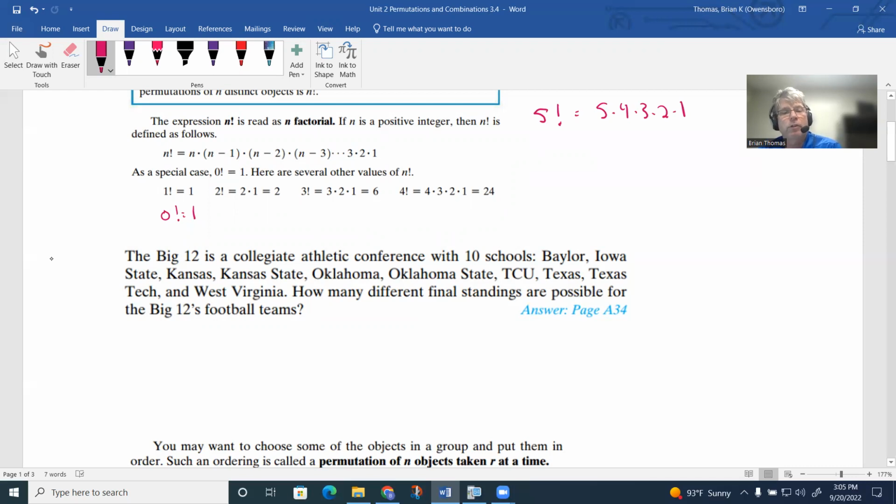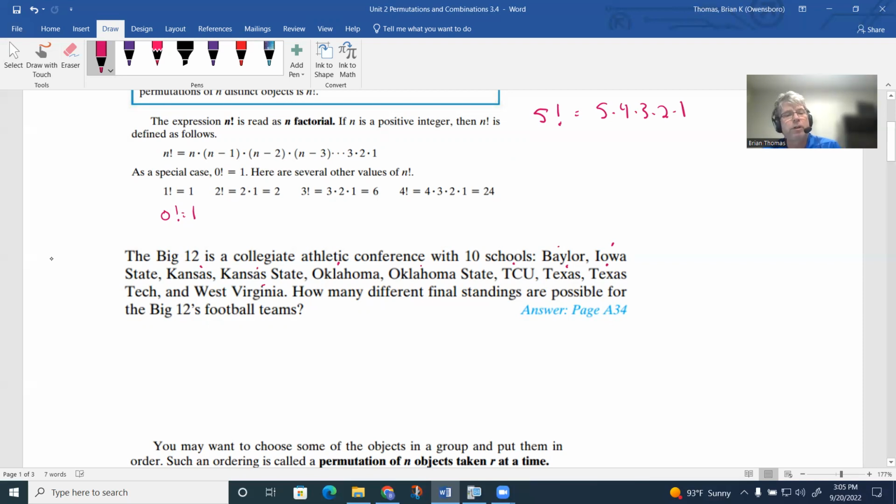Notice that standings order does matter. So what I have to pick up on is how many actual teams are present. Even though it says Big 12, there are actually 10 teams present. Baylor, Iowa State, that's 2, 3, 4, 5, 6, 7, 8, 9, 10. So notice how there are 10 teams in the Big 12.